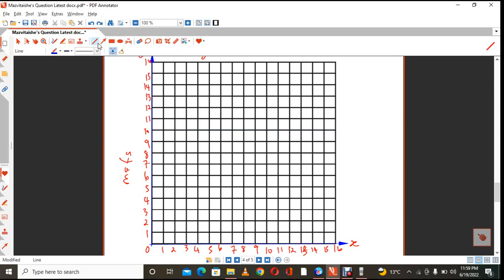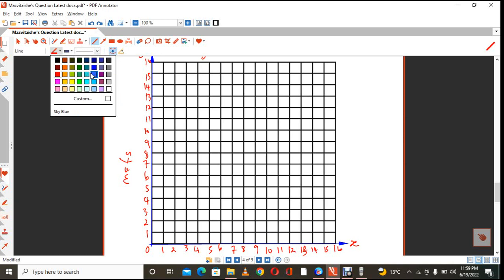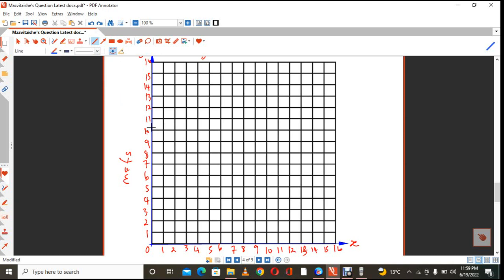Let's make it a bit strong, and have it with this blue. So again, it's a dotted line. Of course, you have the benefit of your grid, and I think your grid is not so dark like mine. In any case, this here is the line y equals 10.